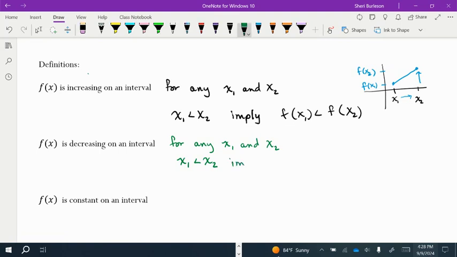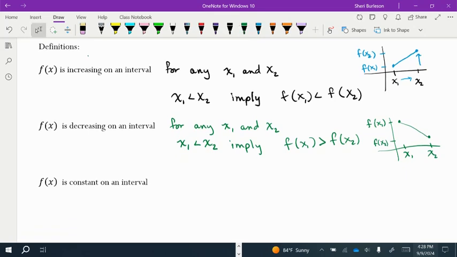This implies that f of x sub 1 is greater than f of x sub 2. So once again, I have x sub 1 less than x sub 2, but now f of x sub 1 is greater than f of x sub 2. So I see that as I'm going from left to right on the graph, the function is decreasing. It is moving down the page.